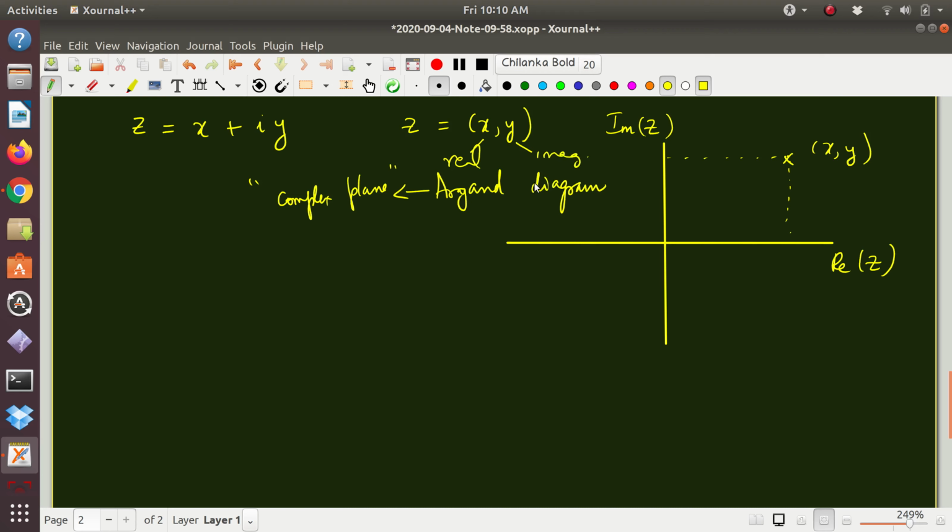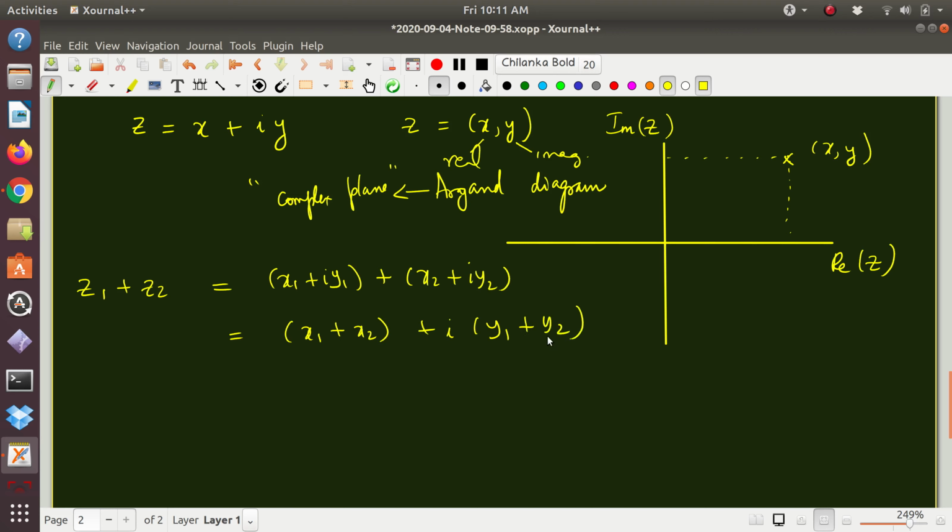All right, so now how do we add complex numbers? If you have two complex numbers, z1 plus z2, where z1 is x1 plus i y1 and z2 is x2 plus i y2, then in order to add them you have to add the real parts plus i times the imaginary parts. It's very simple.